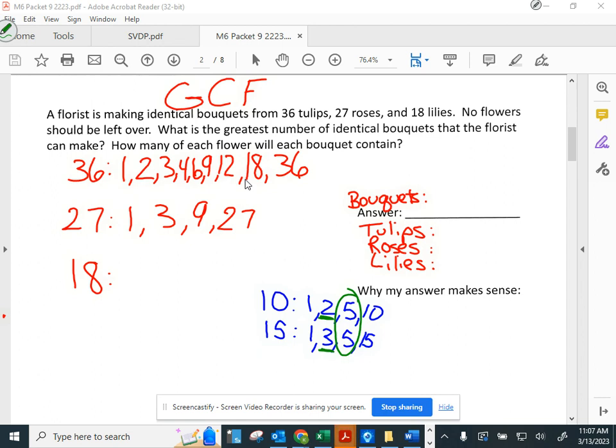So if I had just daisies and begonias, let's say this was daisies and this was begonias, I would make 5 bouquets. There would be 2 daisies in a bouquet and 3 begonias in a bouquet. So I look at the greatest common factor, then each individual flower amount is its factor buddy.